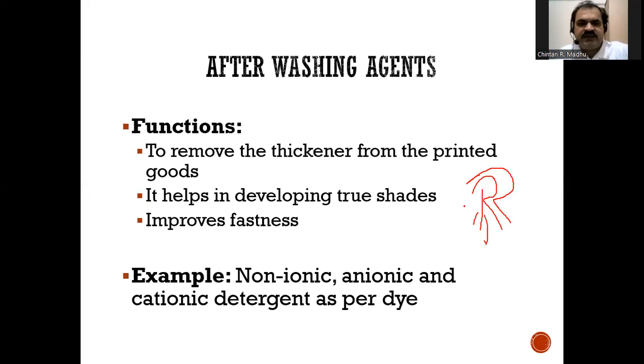But when you are doing the fixation process, this thickener will polymerize and form a brittle structure. So it will generate very fine cracks on your printed area. So when you are washing, this thickener will be removed and you will again achieve your soft fabric with the printed R. So to remove the thickener, to improve the brightness, that is the true shade, and to improve the fastness, we are using the after-washing agent.